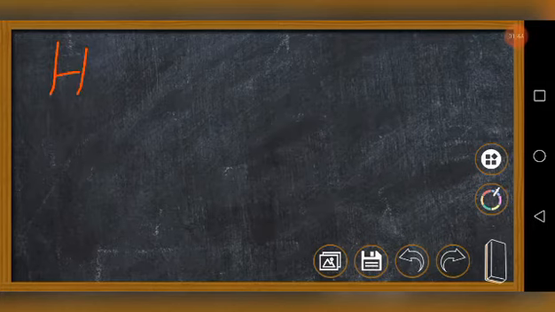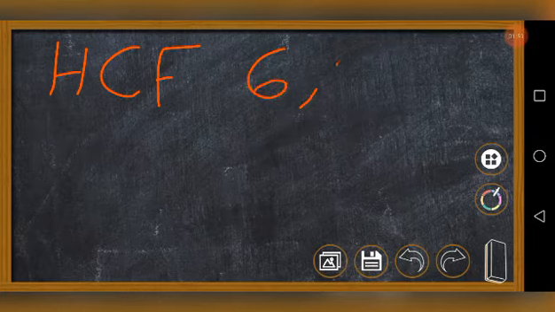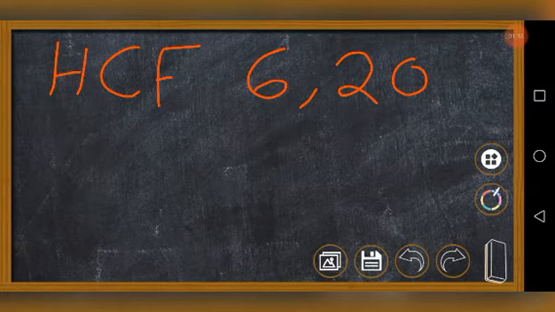Now, we can find the highest common factor between 6 and 20. Let's order all the factors of 6 and 20 and find the common factors between them.